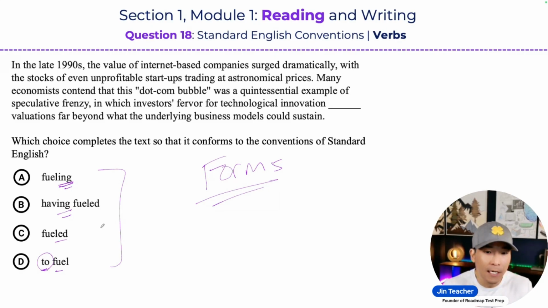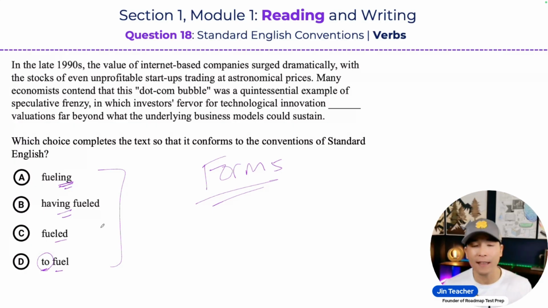The reason this is important is that when you're tested on verb forms, you're oftentimes going to be tested on sentence structure as well, because like I just mentioned, the way that a verb is formed can affect the structure of the sentence. You can create sentence structure errors with different verb forms, or different ways that verbs are written, okay?